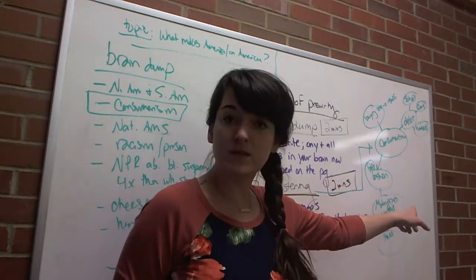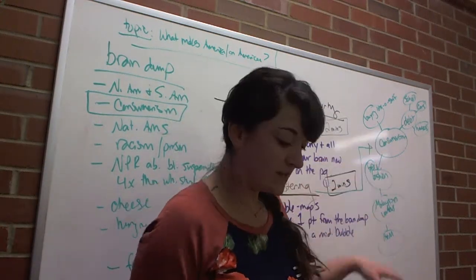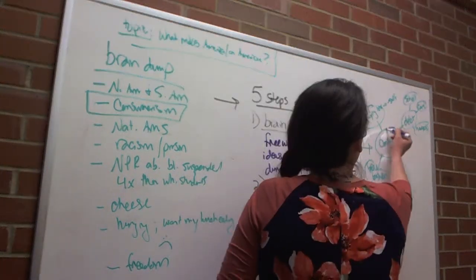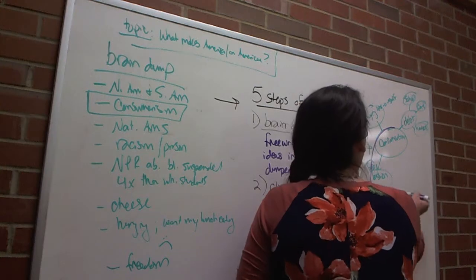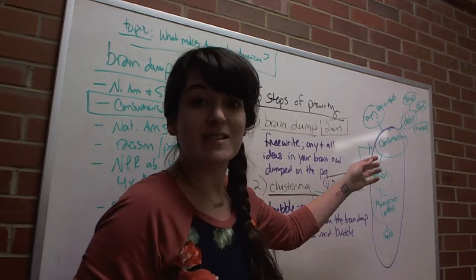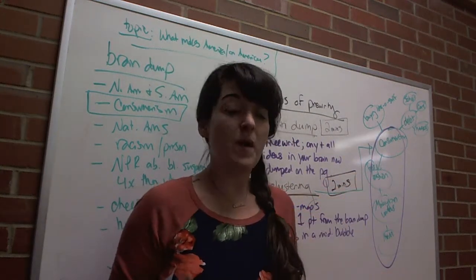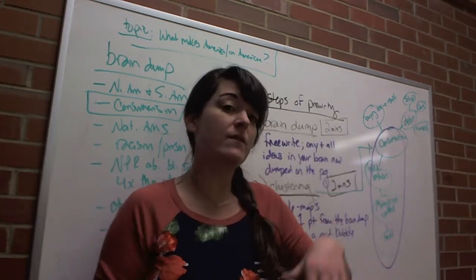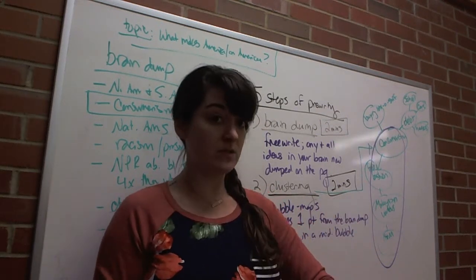When you get to clustering, you are actually trying to see the relationship between ideas. If I were to put all of these details together, I would have a sentence, and that would help me for my IRs, my academic paragraphs, or it could help me later on when I'm trying to find a topic and then examples to explain it.